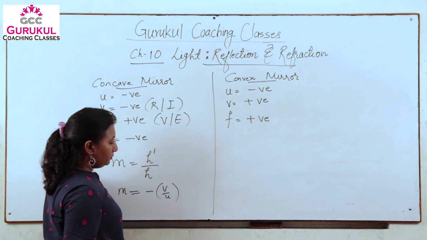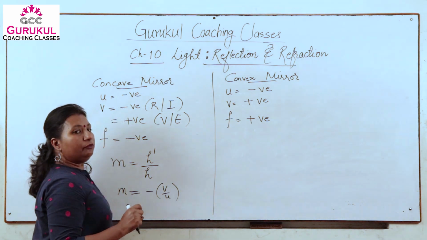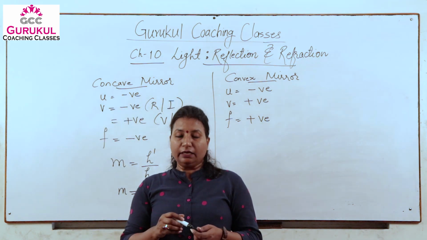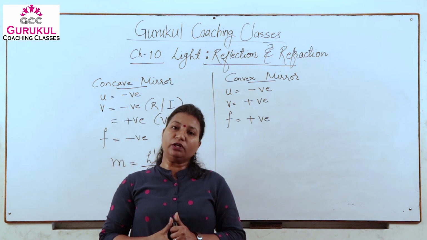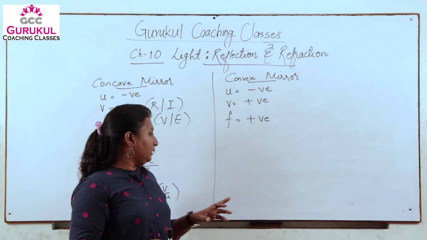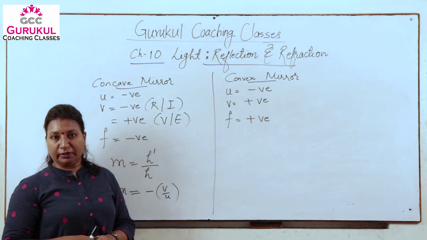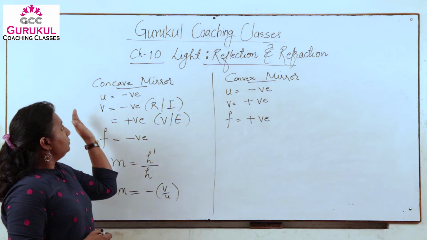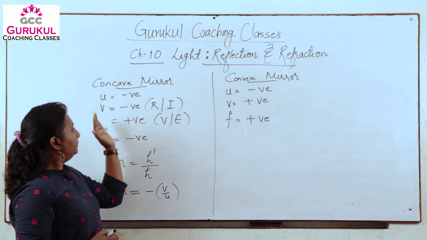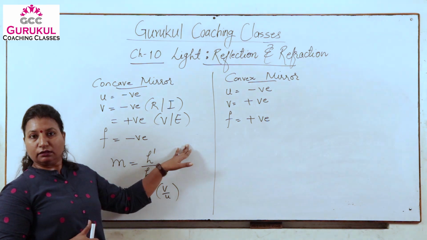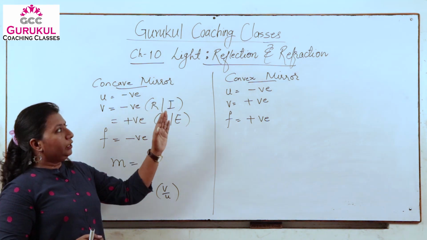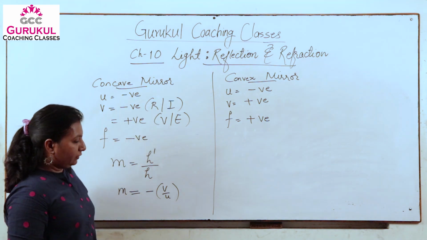For the convex mirror also. If we are getting a real and inverted image, then our magnification will always be negative. And if we are getting a virtual and erect image, then our magnification will always be positive. These signs we use while doing numericals related to convex and concave mirrors.